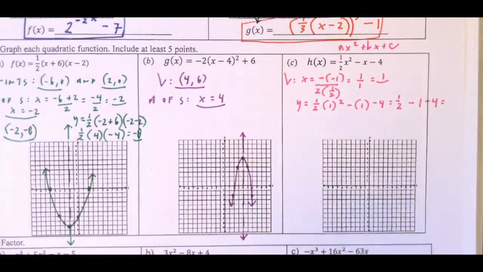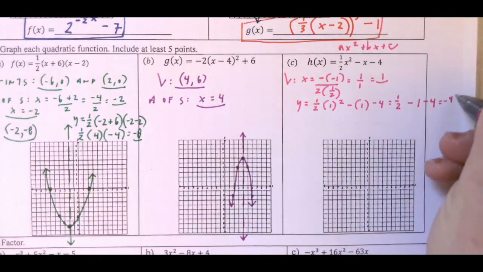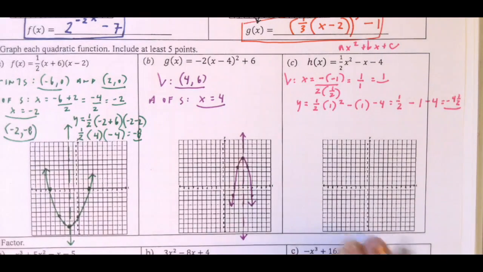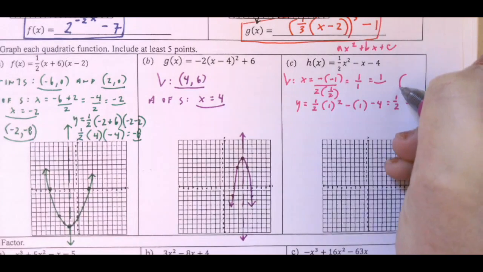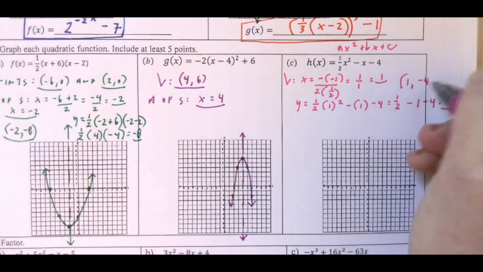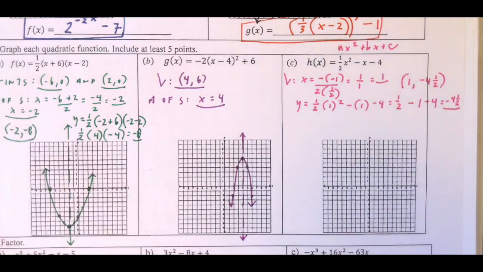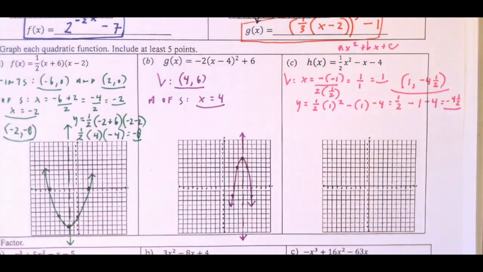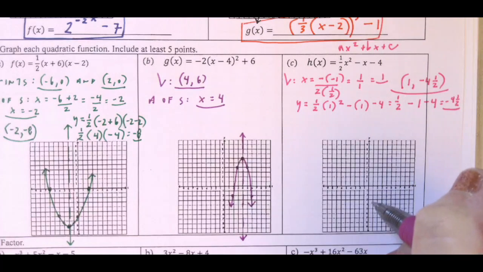So -4 and 1/2. All right, so as a coordinate, we would say that that would be at 1, comma, -4 and 1/2. So there's the x coordinate and the y coordinate as my ordered pair right there. So 1 over and down 4.5 puts me right about here.